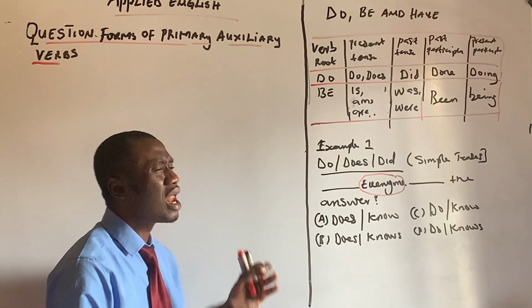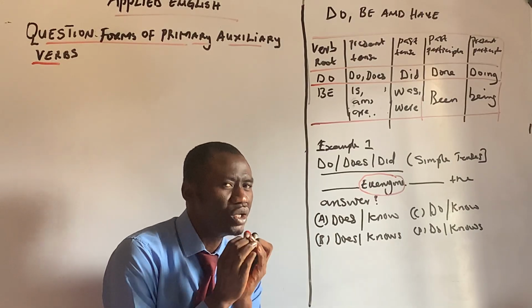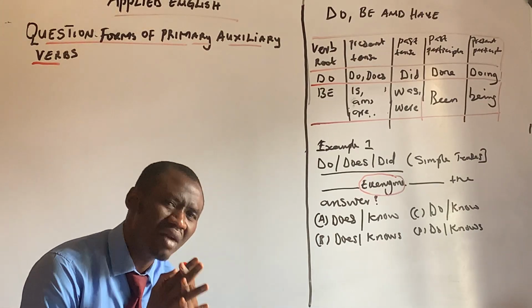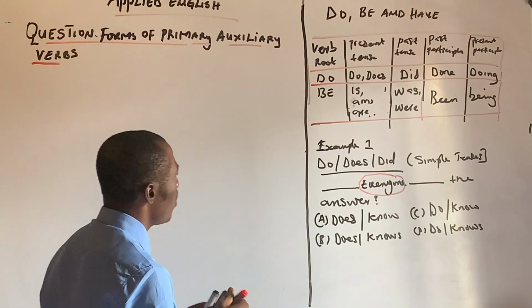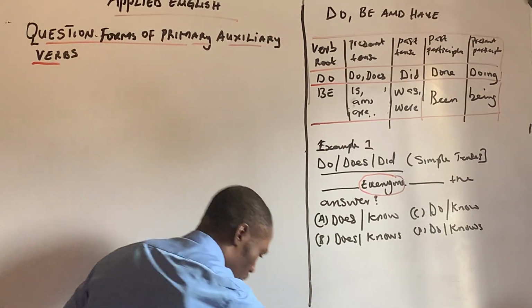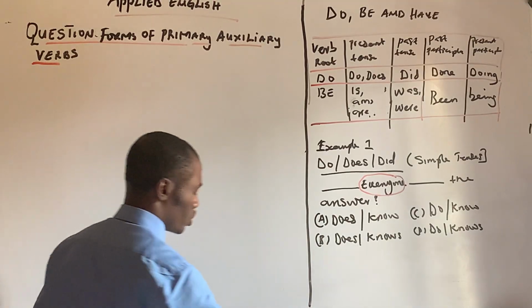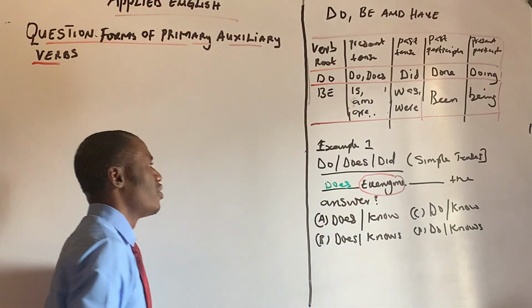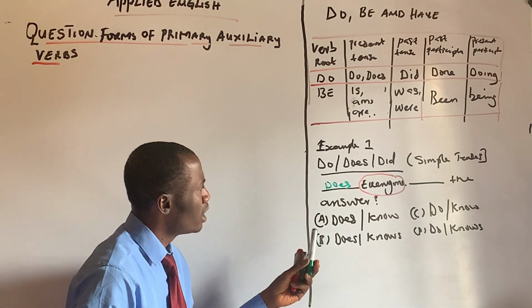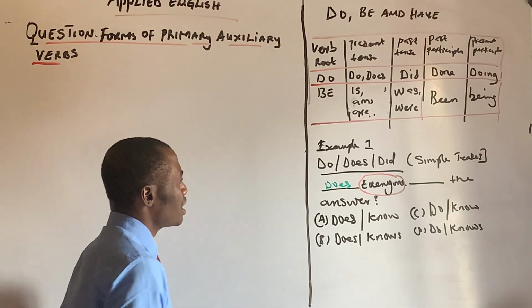So what's the singular auxiliary verb that we're going to use? The singular auxiliary verb that we are going to use is does. So we have does everyone knows the answer.